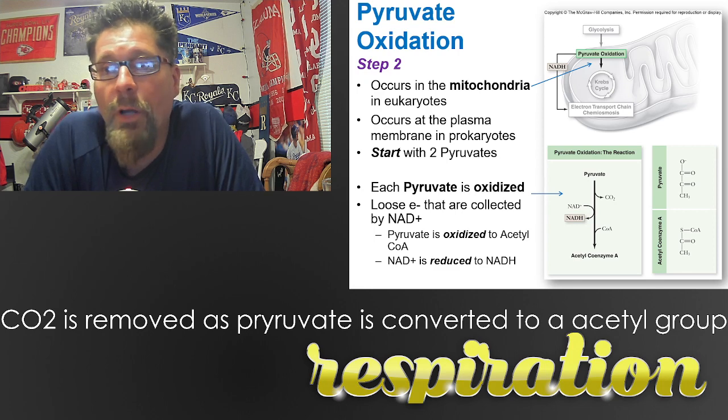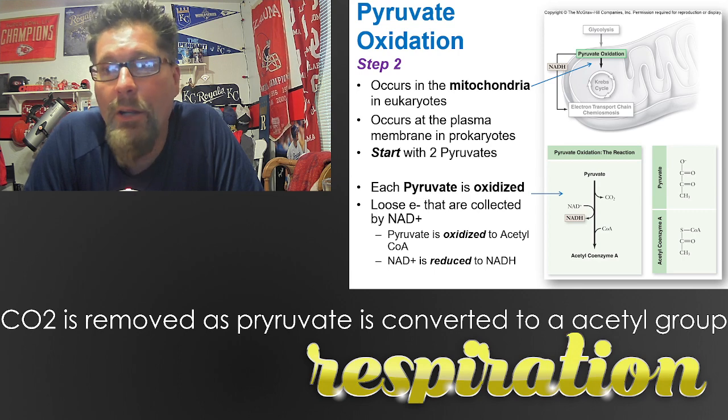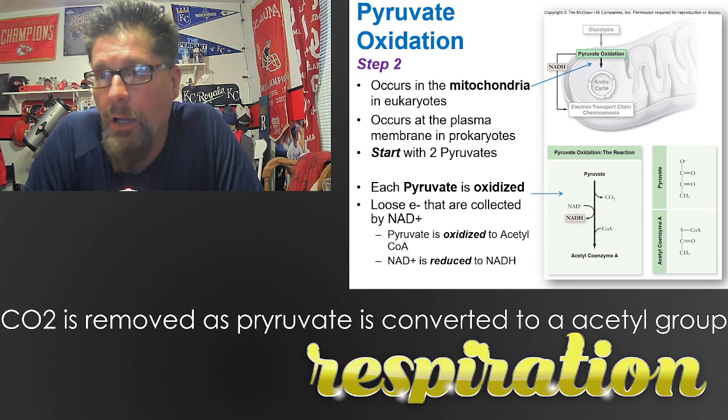But what's really the focal point is that carbon dioxide coming off of the molecule, converting it to acetyl coenzyme A. It's basically an enzyme being added to make it an acetyl group, but that carbon dioxide being removed.